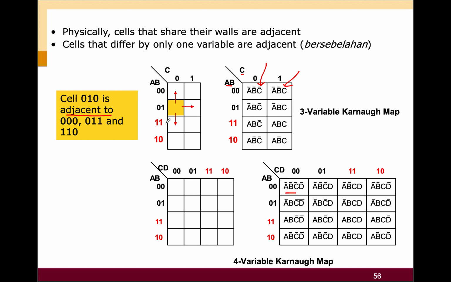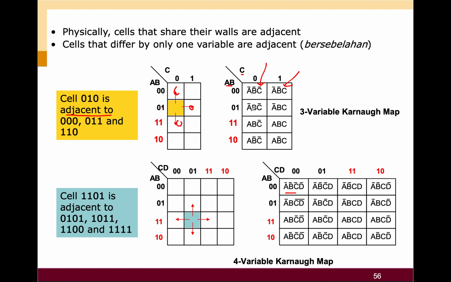You can see over here 0, 1, 0 is adjacent to this, this, and this. So let's say you pick this one, the adjacent is the B side of the cell. Later on you will look into what is the purpose.